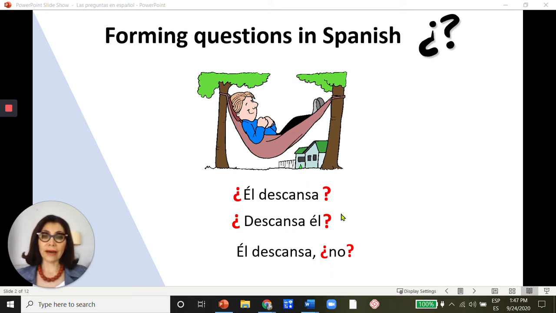So we have these three different ways, and I'm sure by now you have noticed that in Spanish, we need two question marks. You're familiar with this one in English, but then you have another one that you can call the upside down mark. So it's important to remember this.